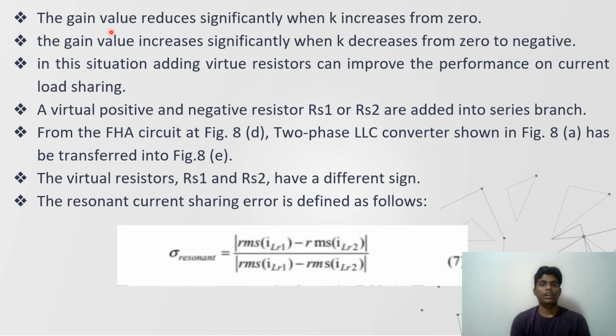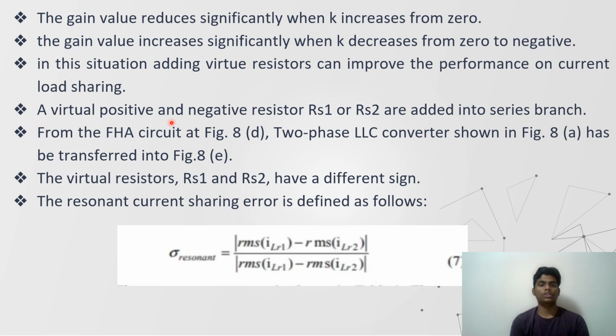The gain value reduces significantly when k increases from 0. The gain value increases significantly when k decreases from 0 to negative. In this situation, adding virtual resistors can improve the performance of current load sharing.